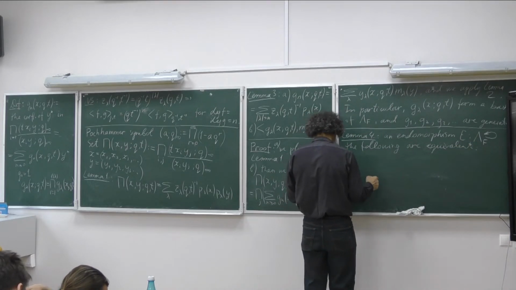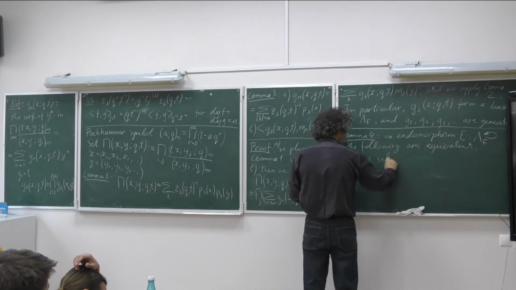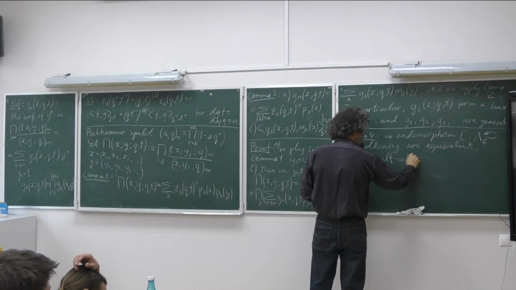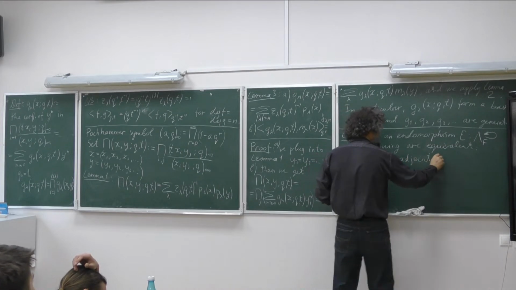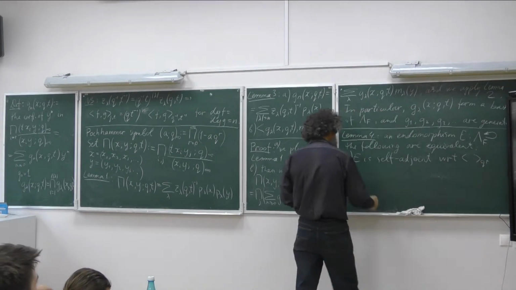First, that E is self-adjoint with respect to this q,t deformed scalar product.